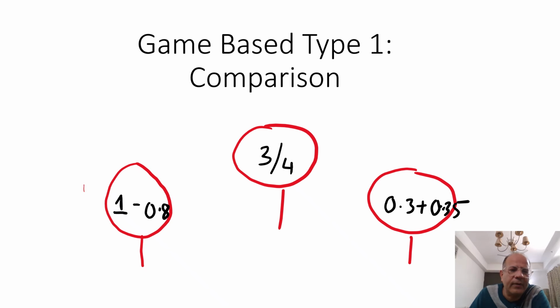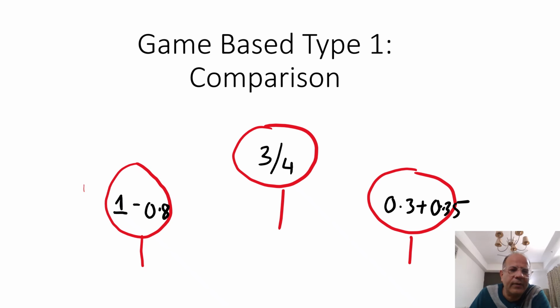Okay, let's take an example. I have 3 by 4 over here, which is B, and 3 by 4 is going to be 0.75. And over here, 1 minus 0.2, so it is going to be 0.8. I wrote it wrong earlier, so let's correct the mistake: it should be 1 minus 0.2, so it should be 0.8 over here.